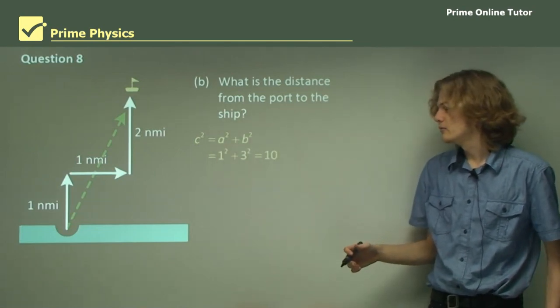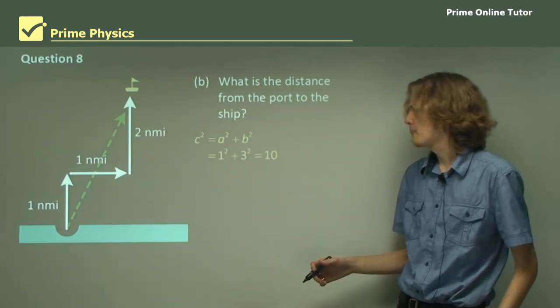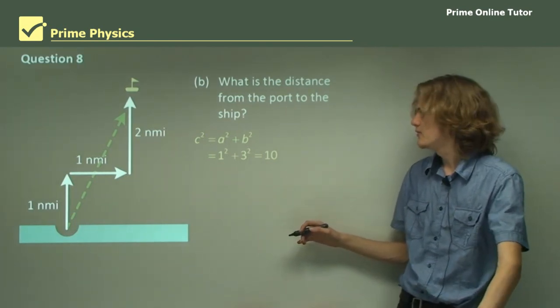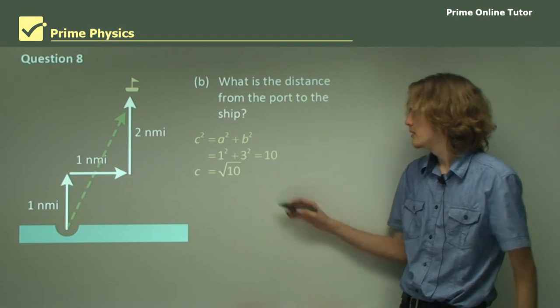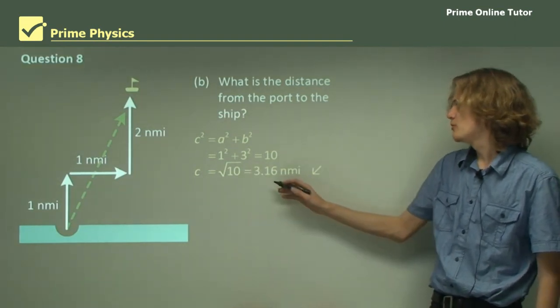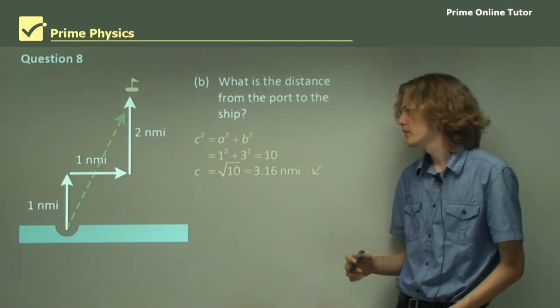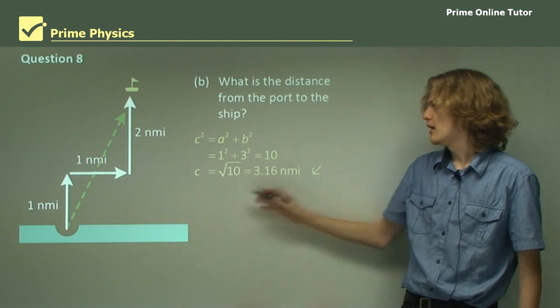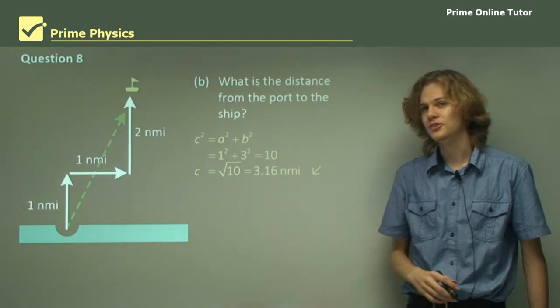Finding the square root of that will give us what C is. There we go, the square root of 10, which of course evaluates to be 3.16 nautical miles. And that means that we can describe this vector by saying both its bearing and its magnitude, which is 3.16 nautical miles.